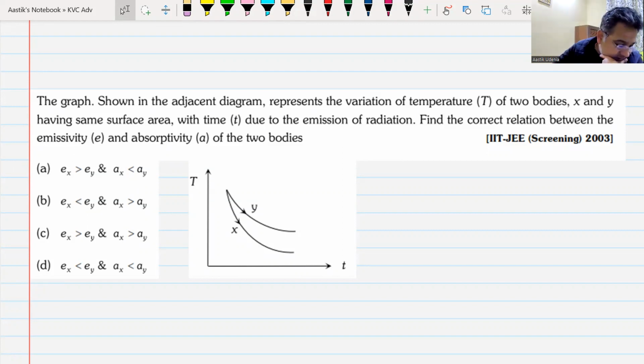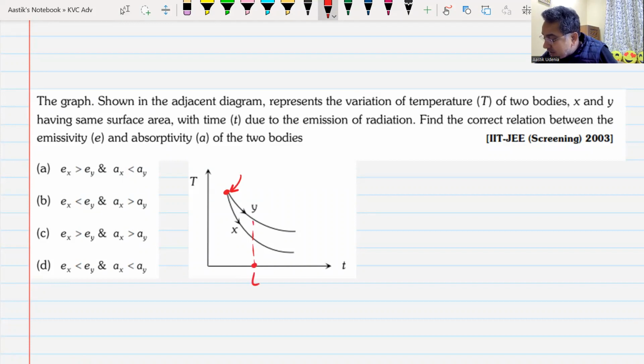I'll give you 2 minutes to give me the answer. So what you can see here, beta, is initially both the bodies were at the same temperature. But after that, at any time t, the temperature of the X body is less than the temperature of the Y body.